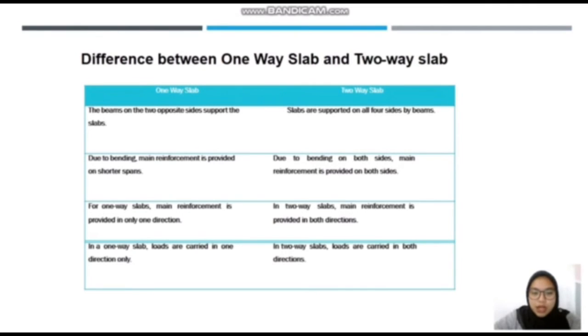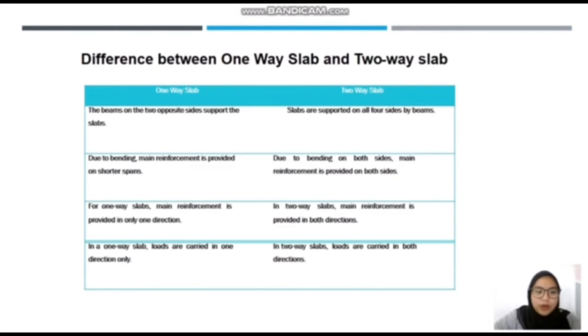But in two-way slab, due to bending on both sides, main reinforcement is provided on both sides. So, dekat one-way slab, reinforce utama akan provide in a shorter span. Manakala two-way slab, bila dia bending ke dua-dua arah, besi utama akan provide dua side juga.